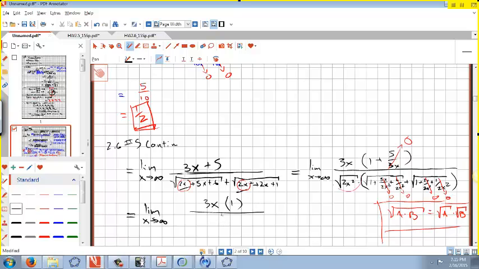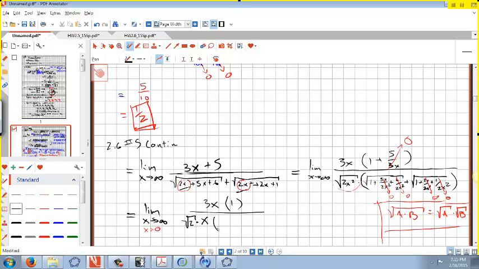And then I have, notice this part here. I have the square root of 2 times, what's the square root of x squared? The square root of x squared is actually technically the absolute value of x, but since x is greater than 0, which means that this is just x here. Okay, so I took the square root of 2 and I took the square root of x squared.